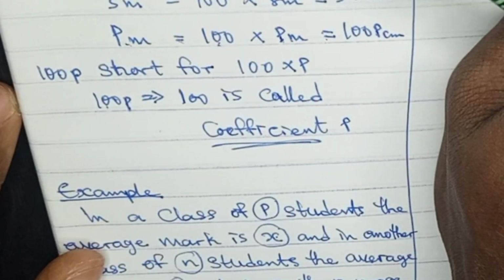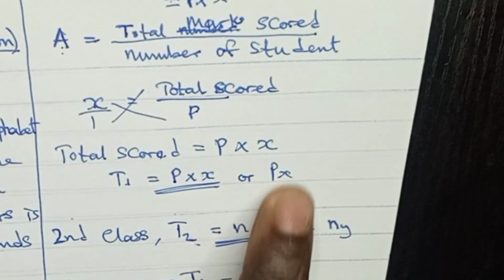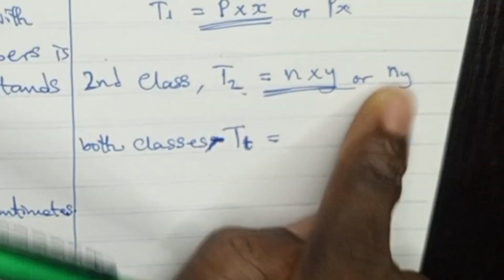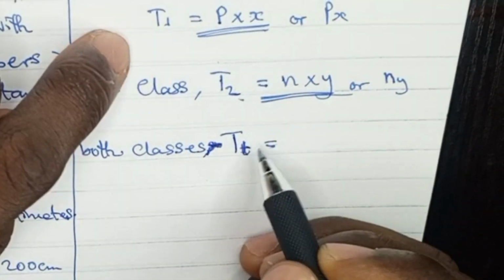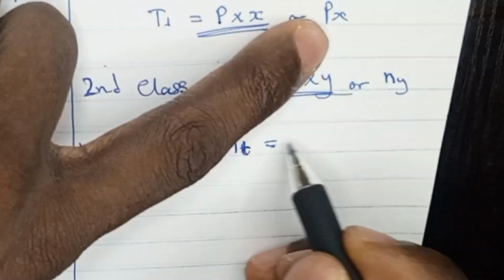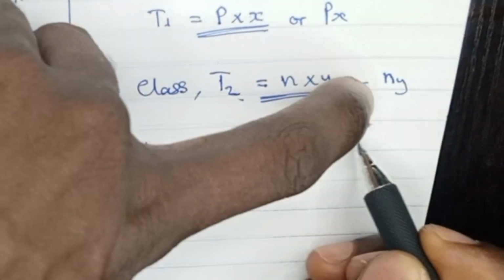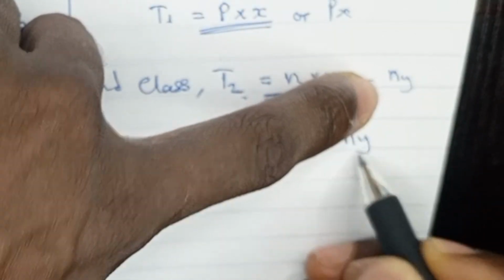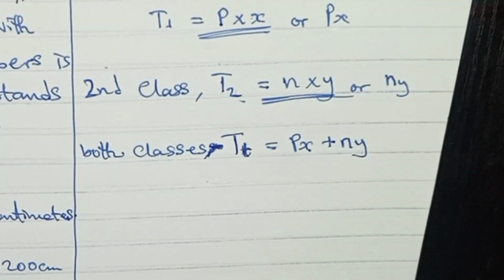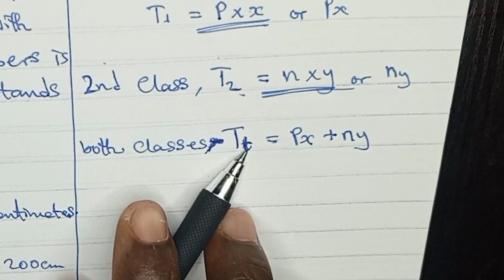So the total is px, that is T1, plus T2, which is ny. So we've gotten the total for both classes.